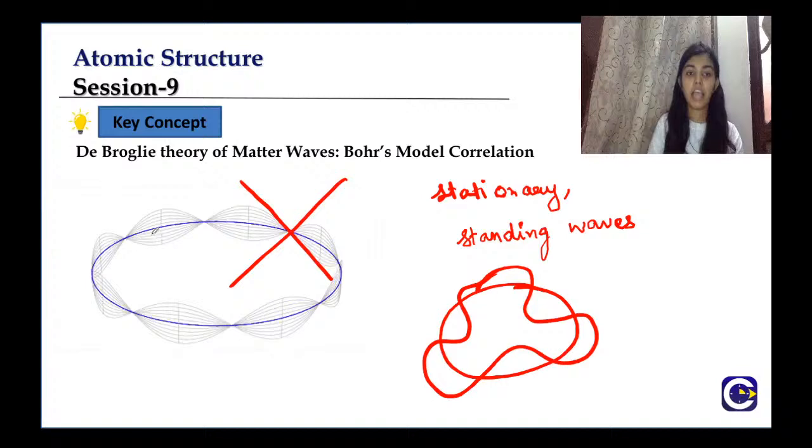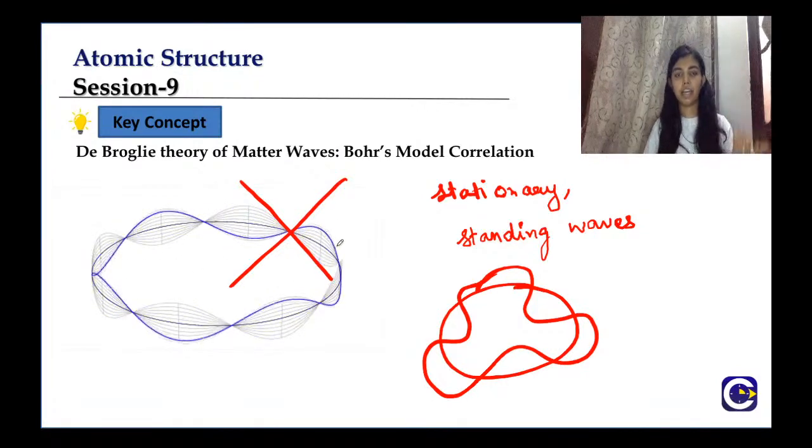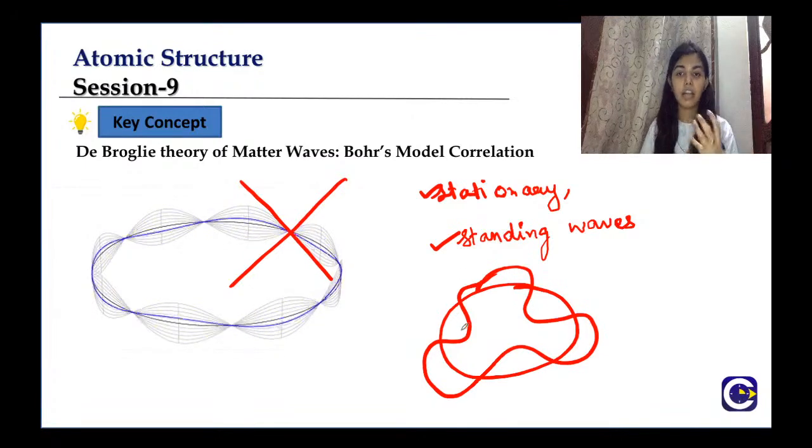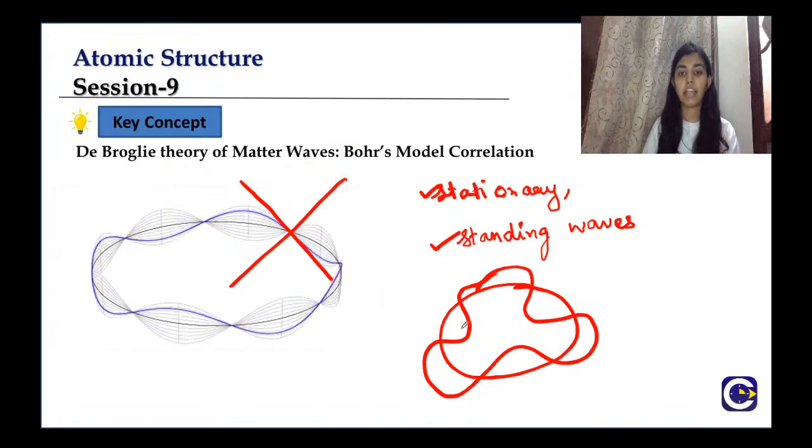Can you see here that crest and trough are alternately moving? If you take ocean waves, the crest and trough are moving forward like this. But in the case of stationary or standing waves, the crests and troughs do not move in space. That is why these kinds of waves are known as stationary waves or standing waves.